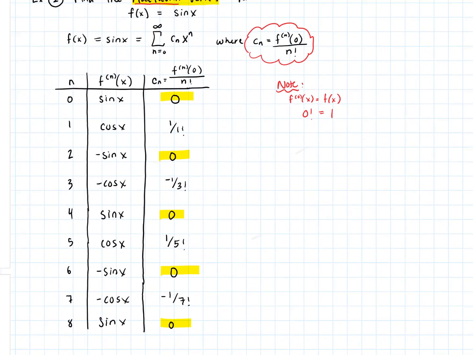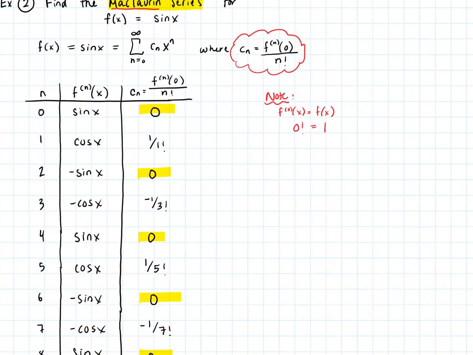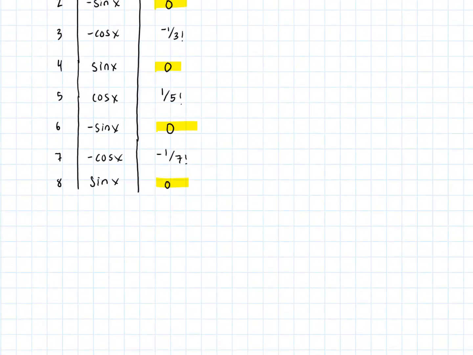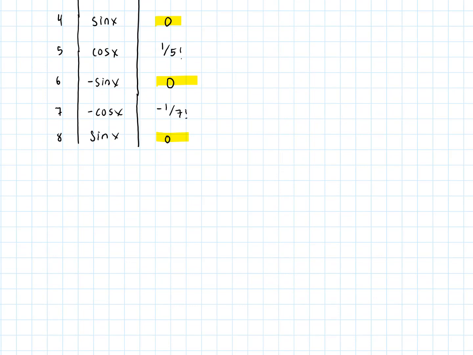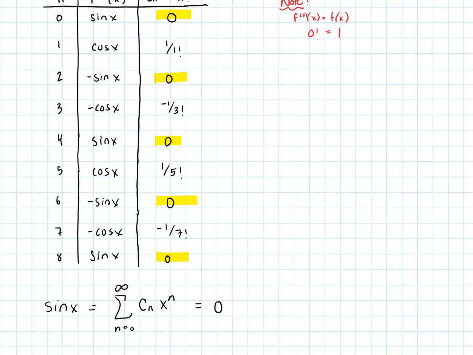So when we go to write this power series expansion here for the sine of x, it's going to look something like this. So the sine of x, remember, as a power series, is going to be from n equals 0 to infinity of c sub n times x to the n. So when I go and write that out, remember that first term is 0. So the first coefficient is 0.